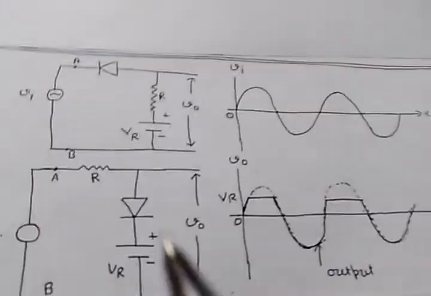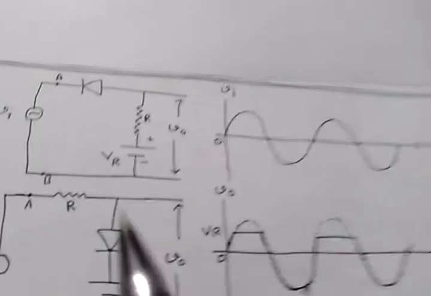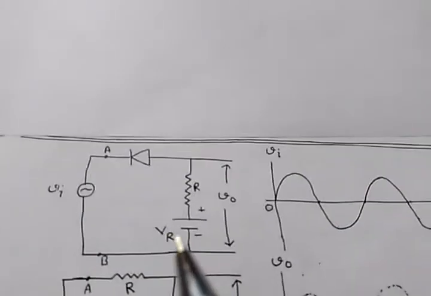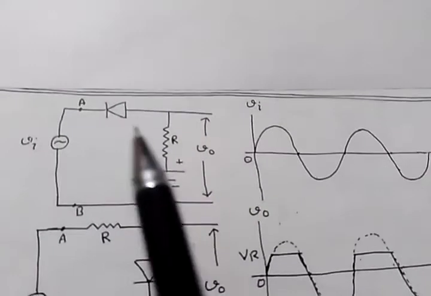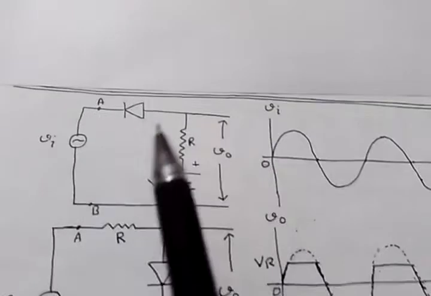Now we will understand the working of this biased positive clipper. First we will discuss the series biased positive clipper. In this circuit, the diode is in series with the input.